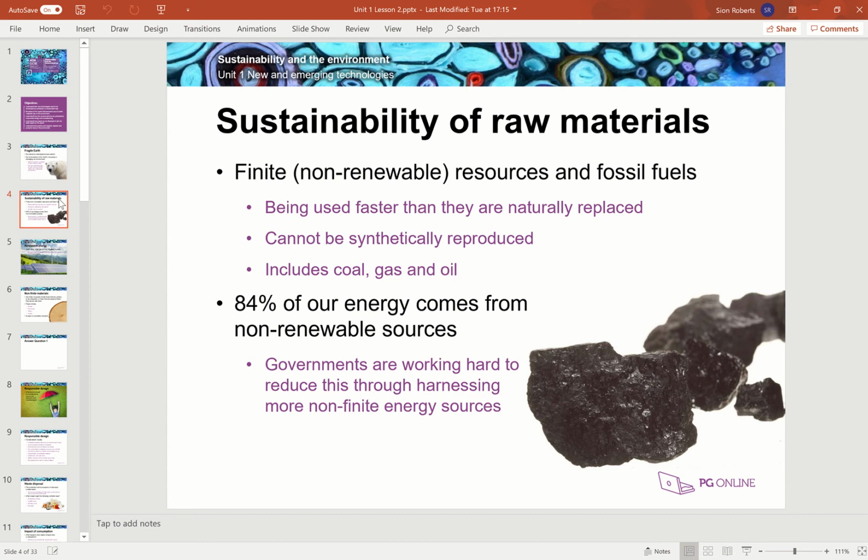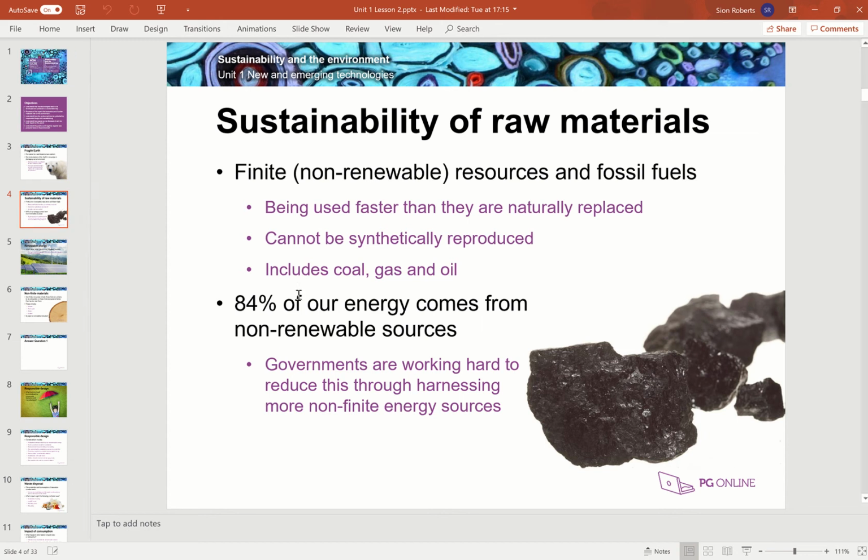We've got a finite resource, which is basically a non-renewable resource, so something that's in limited supply. So that might be your oil, coal, that kind of thing. And then we've got non-finite energy resources, which is basically the renewable resources like wind, solar, tidal, biomass, etc.